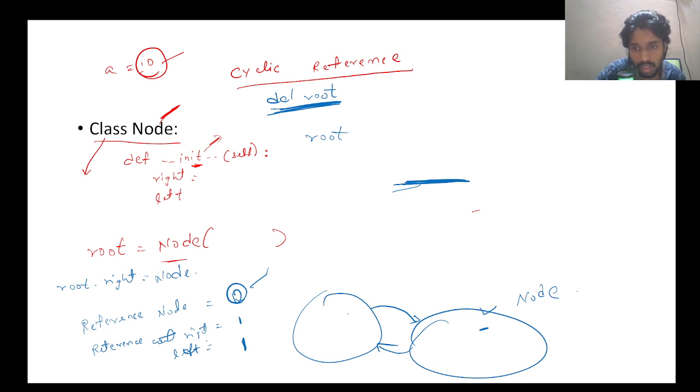But how can right and left get deleted? Because these objects are pointing to each other. The one that was pointing to them was already deleted. Now how can we delete this? Because nothing is being pointed to here.